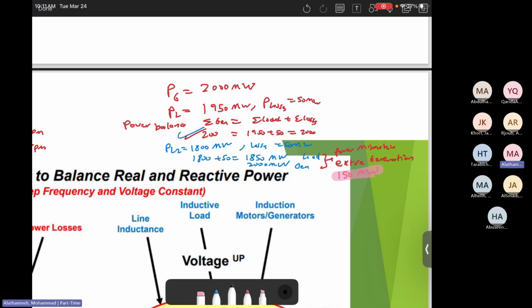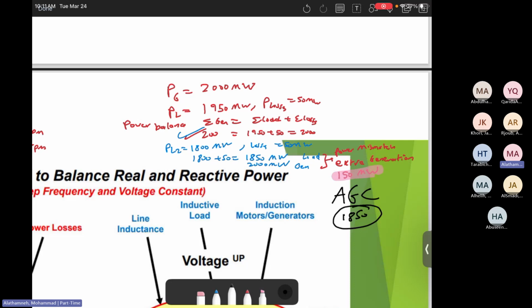I would say there is something we call AGC, automatic generation control. The automatic generation control will reduce the generation. So the generation will be reduced to 1850 to match the demand.